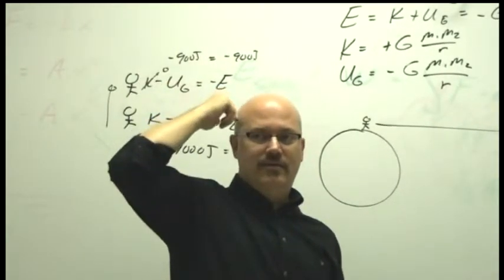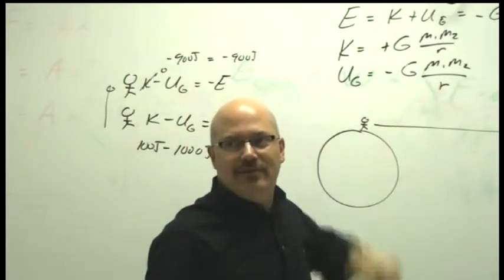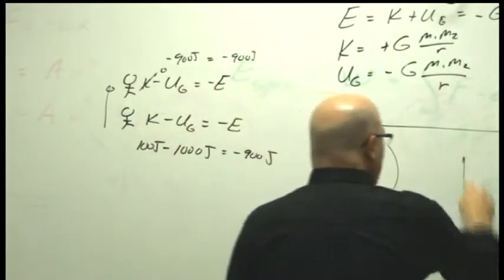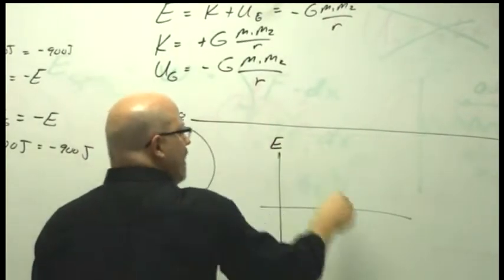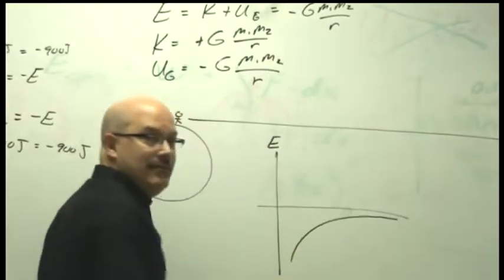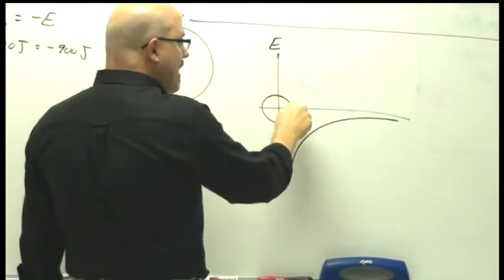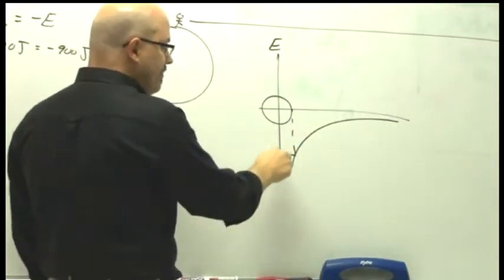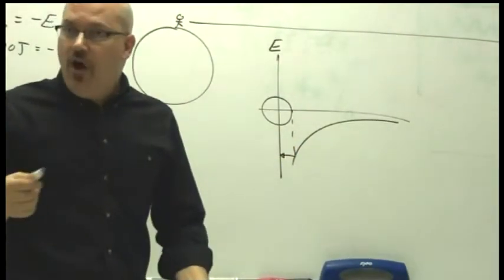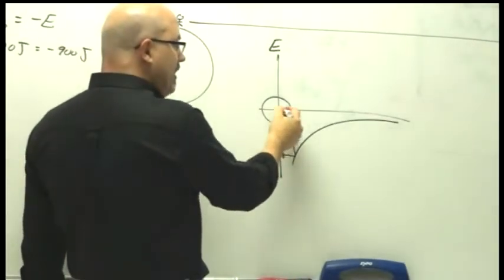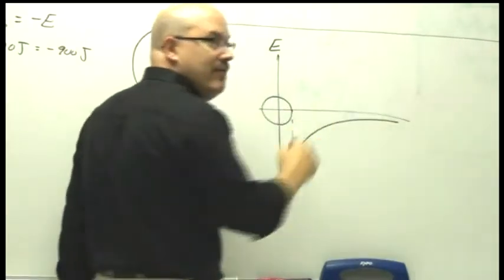It's weird because we have negatives here. It's messing us up. So here's the deal. Look at our graph. Here's our graph of energy. Our potential looks like this. We're starting at the Earth's radius right here. If we want to be gone, we have to give ourselves this much kinetic to get us to here, so we never return.